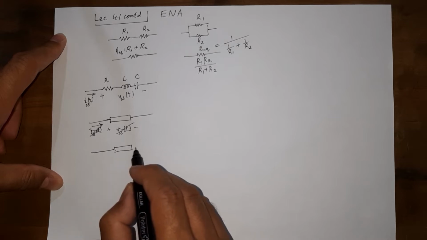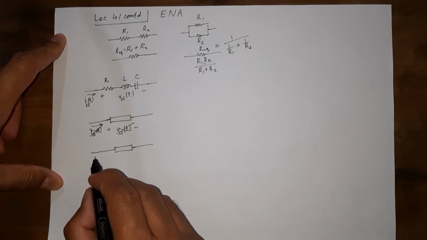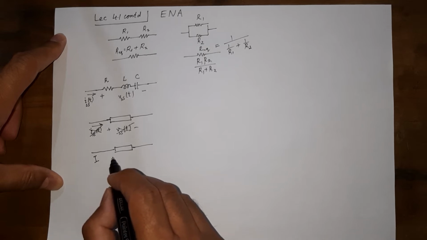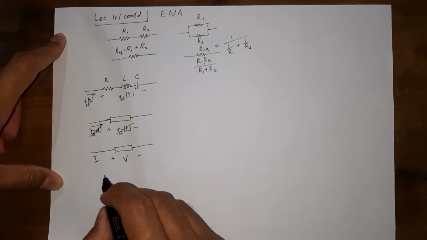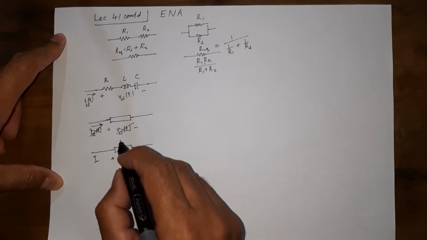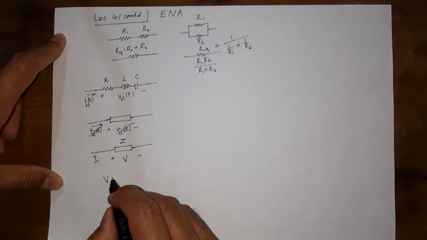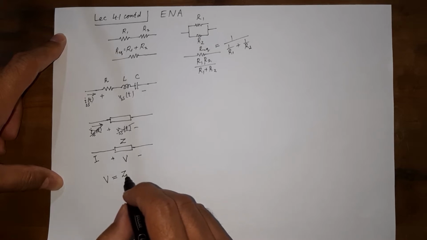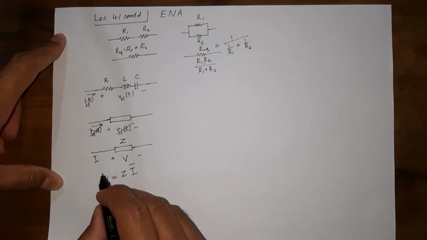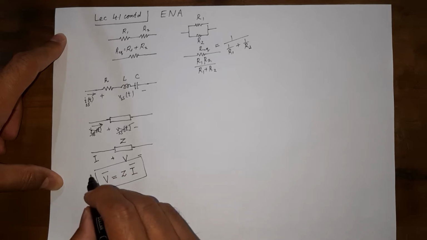In frequency domain, this sinusoidal current would be a phasor current, this sinusoidal voltage would be a phasor voltage, and this thing would be known as an impedance. And for this impedance, Ohm's law also makes sense. And this is the absolute beauty of this thing.